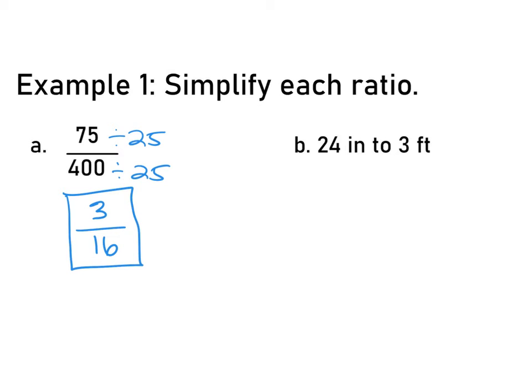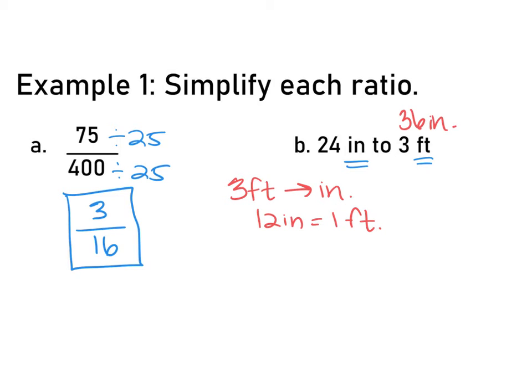Okay, this second one's a little bit more challenging because we're converting inches to feet. So feet is the bigger unit, so we want to convert 3 feet into inches. Okay, well, there's 12 inches in 1 foot, right? So 3 times 12, this is really 36 inches.